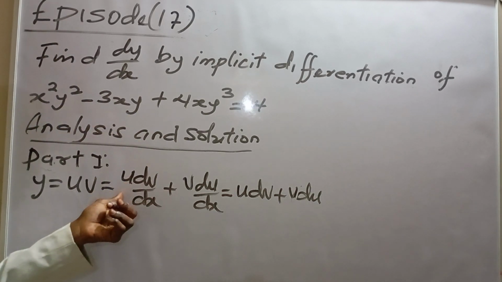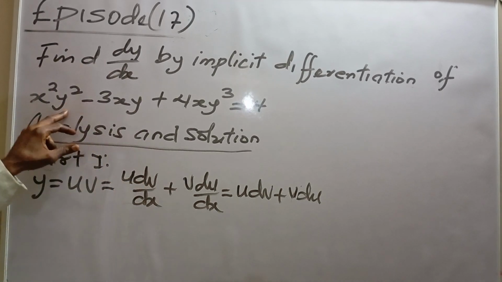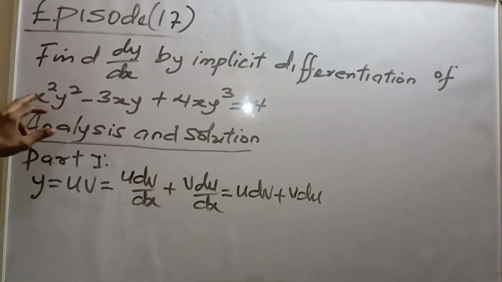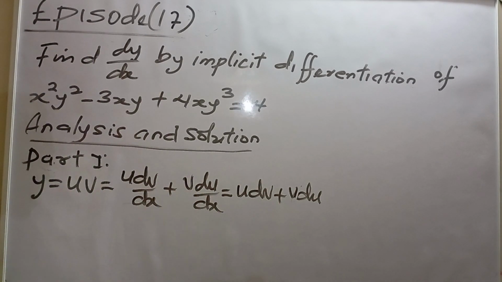What we are saying is that you hold down the first one and differentiate the second, plus you hold down the second one and differentiate the first. This is the summary, the formula for differentiation by products. Having seen this, let's start.